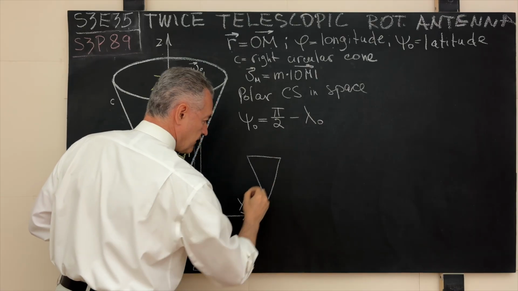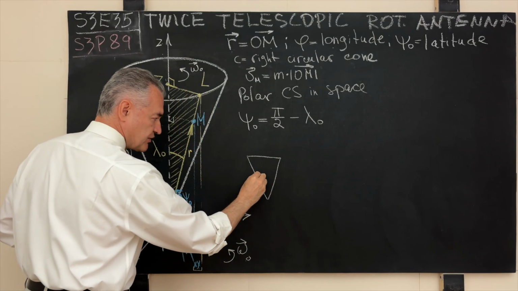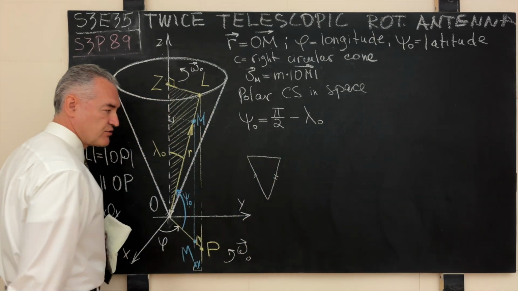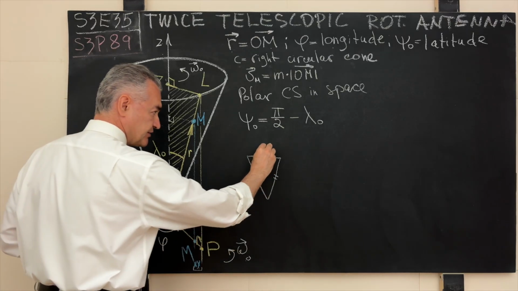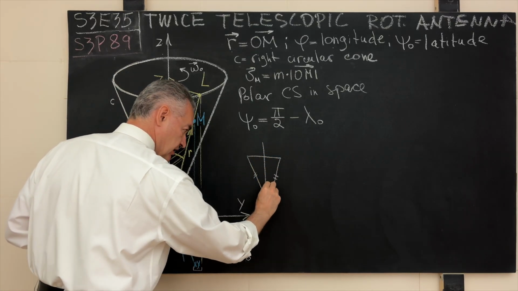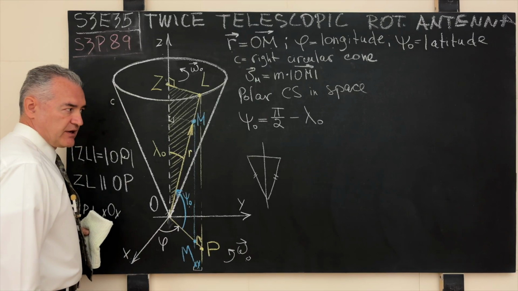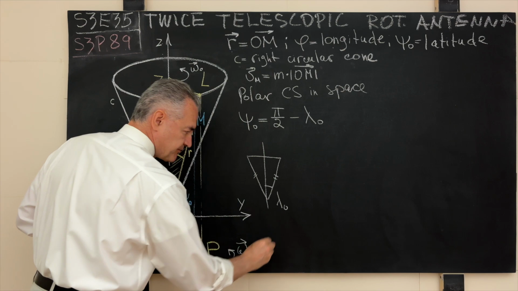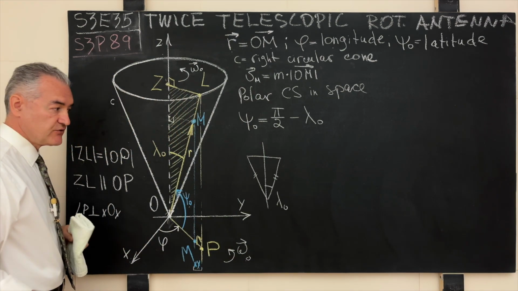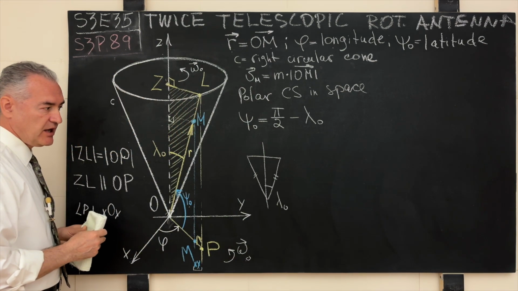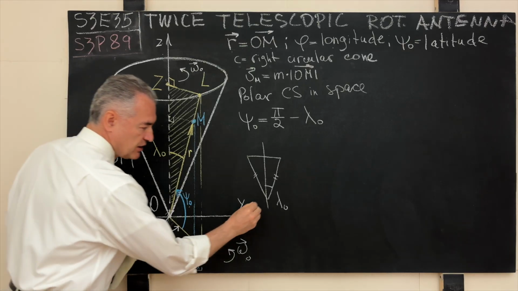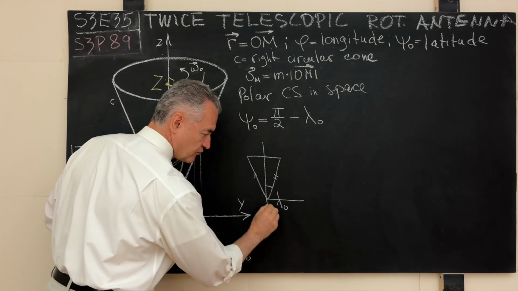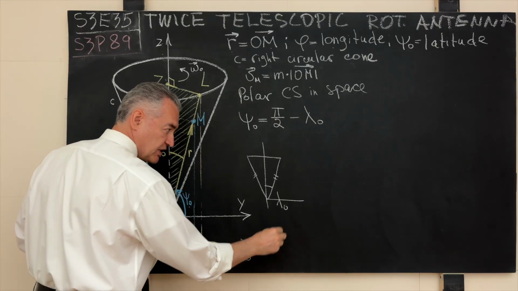a triangle that will look like this. The sides of this triangle will be the same. What do we call this triangle? This triangle will be isosceles. And then in this triangle we'll construct the height. So this angle right here is precisely lambda 0. It is very straightforward to see it in your mind's eye. And then over here, this will be the representation of the X Y plane viewed from the side.